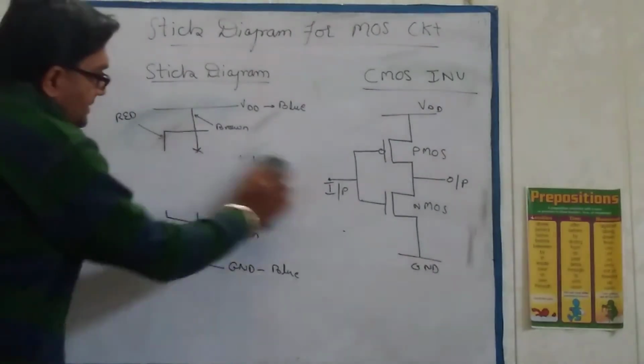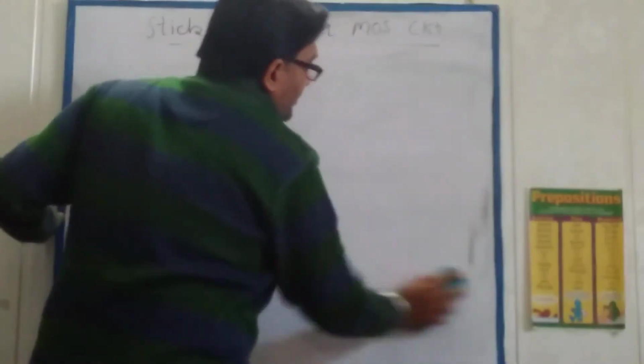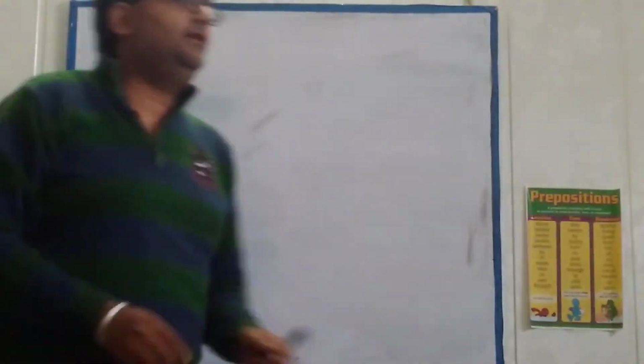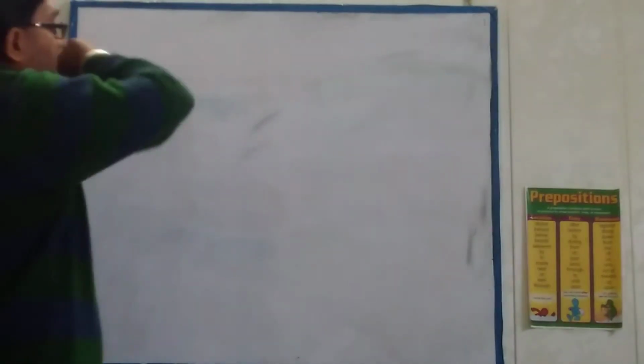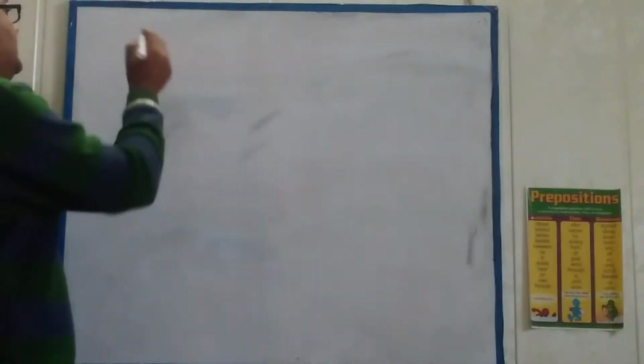Now let us see another example, for the NAND gate and the NOR gate, right? So let us design a NAND gate using CMOS, and draw the stick diagram for that.